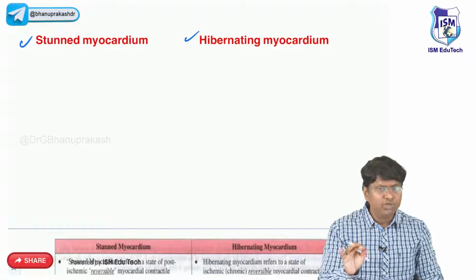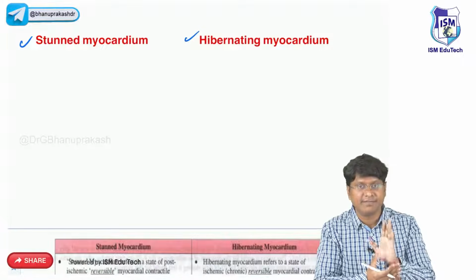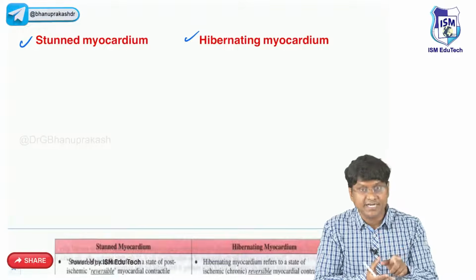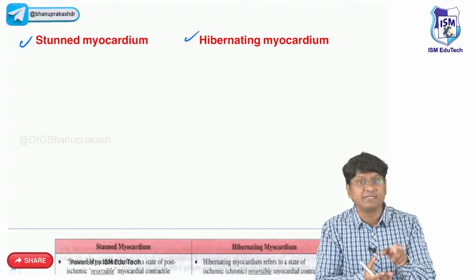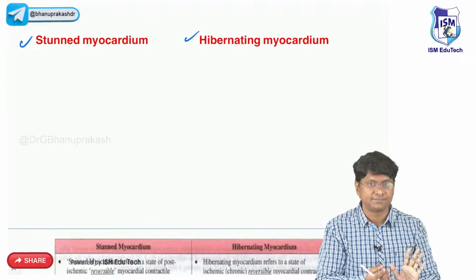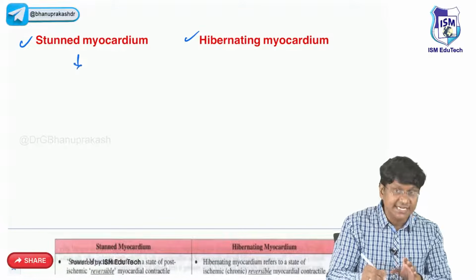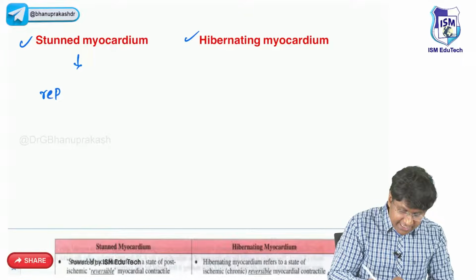Okay, now let me discuss what exactly is your stunned myocardium or the hibernating myocardium. See, both of them will develop after MI, right? But stunned myocardium refers to the state of post-ischemic reversible myocardial contractile dysfunction that persists despite myocardial reperfusion.